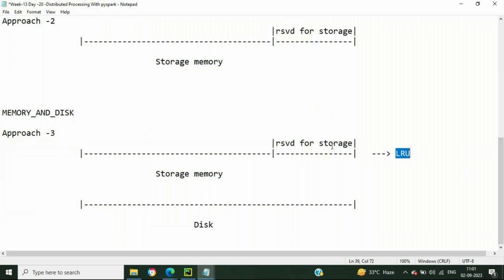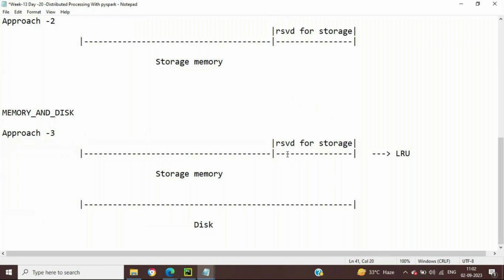This particular algorithm keeps on monitoring this data, and the data frame which is least recently used, not frequently utilized, it is going to check that data frame and move it from memory to disk.